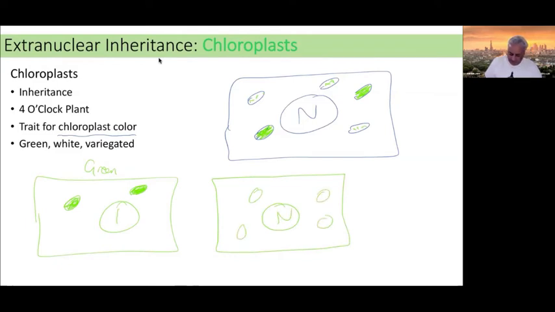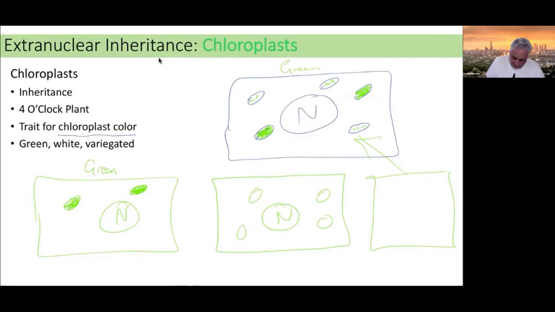This is the nucleus, by the way. They only have white chloroplasts. So that tissue in the plant will appear white. And the last situation is just like this one here, in that you can have both green and white chloroplasts inside the single cell. And that also would make the cell appear green.